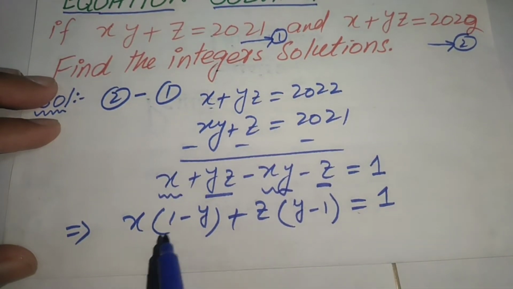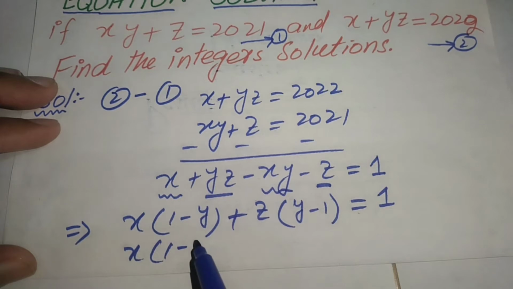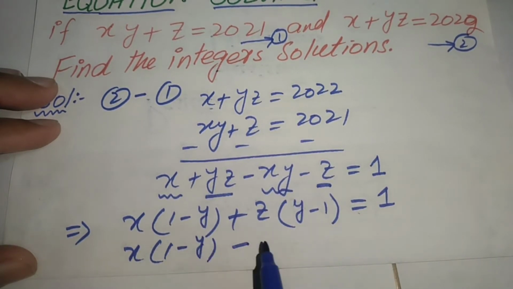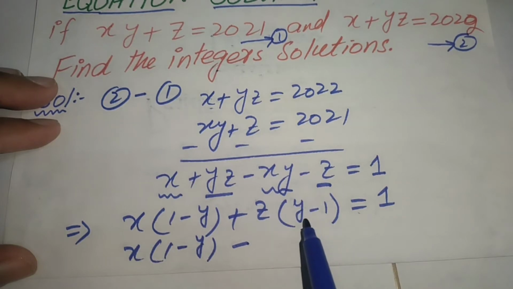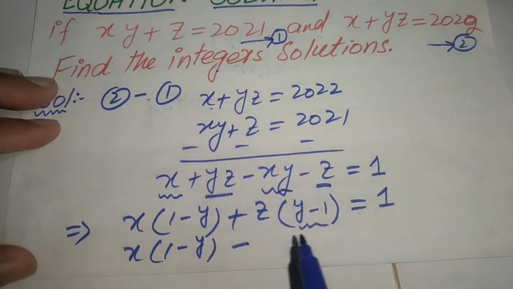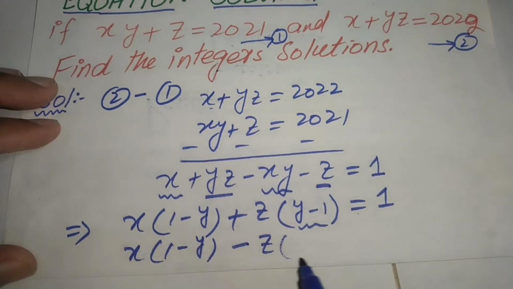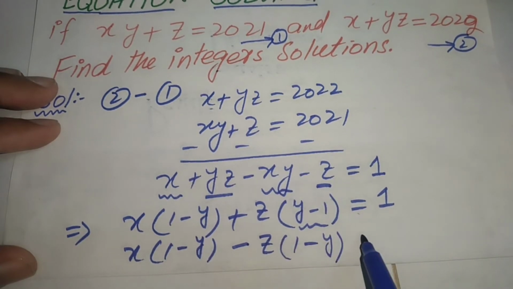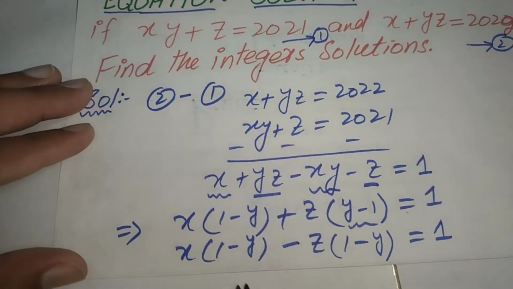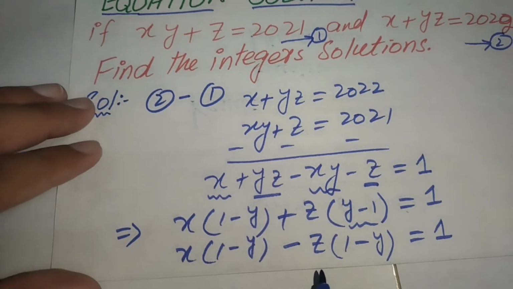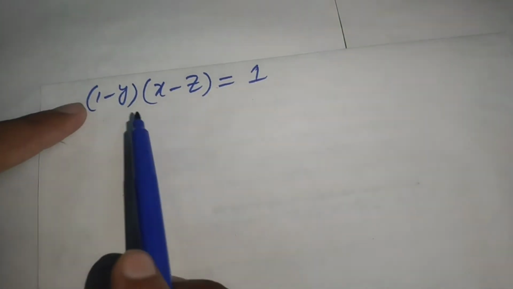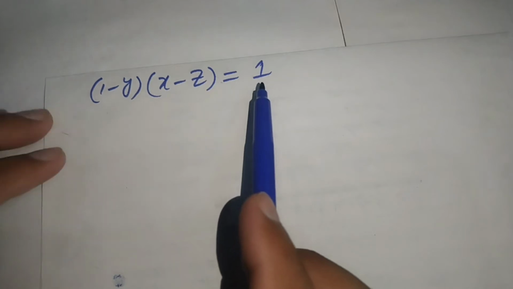And after that we make some simplification. Here we take common 1 minus y from these two terms. For this we take common minus 1 from this term, and then we get 1 minus y into x minus z is equal to 1.